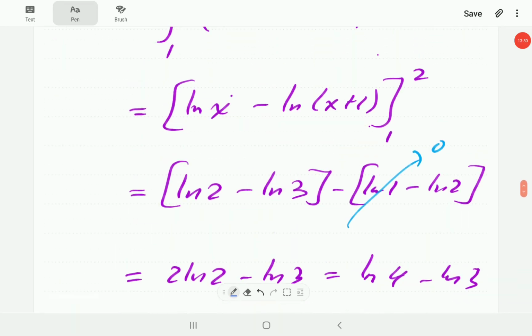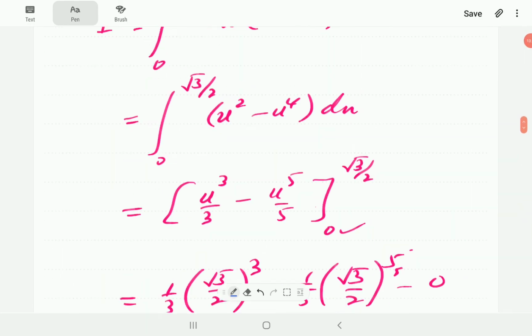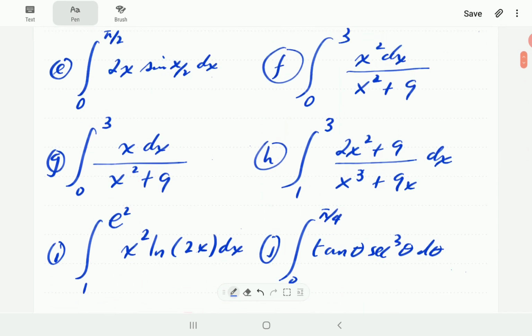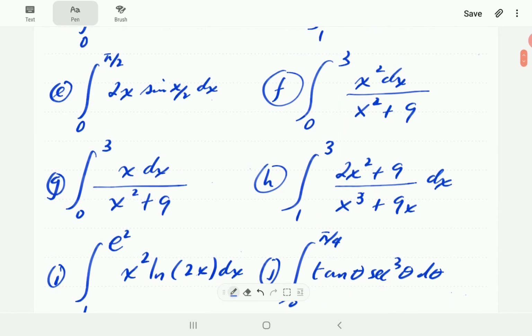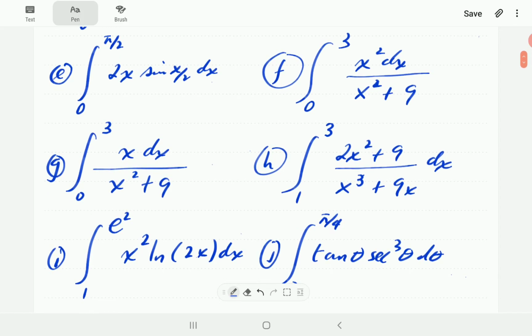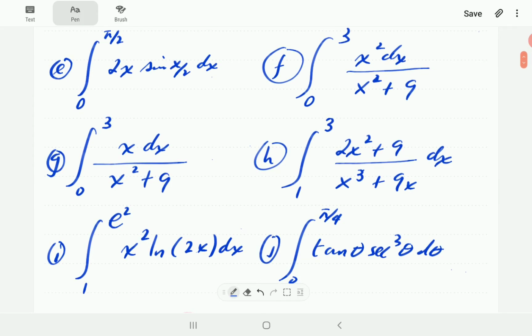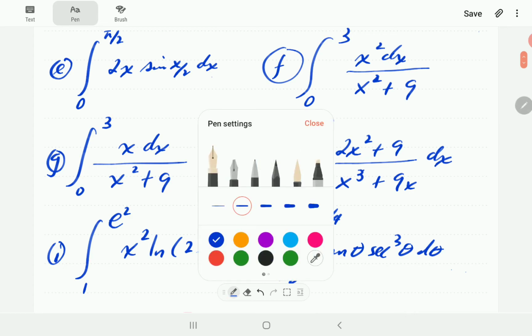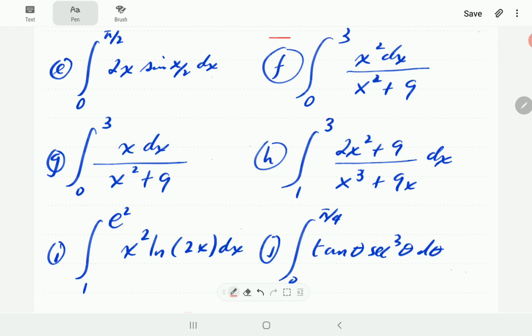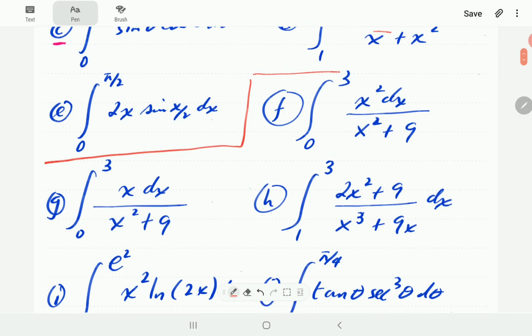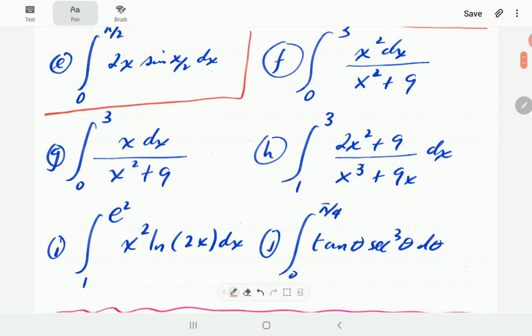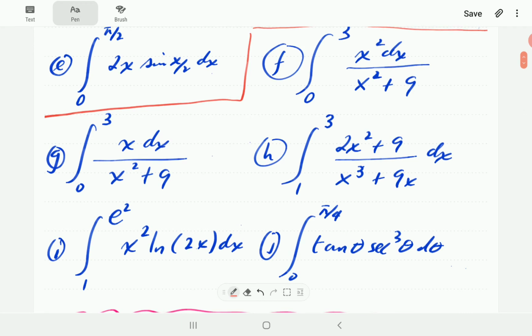All right, so what we're going to propose now is that you have a go at the 5 other definite integrals here. You can pause the video and have a go at F, G, H, I, and J. Then when you continue the video, you can compare with our answers.